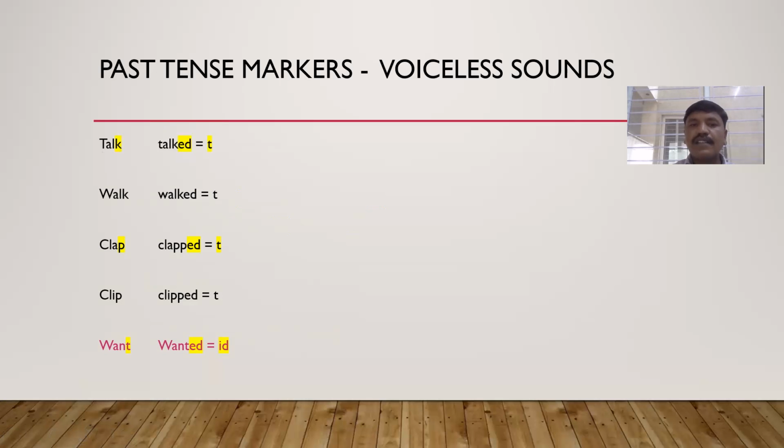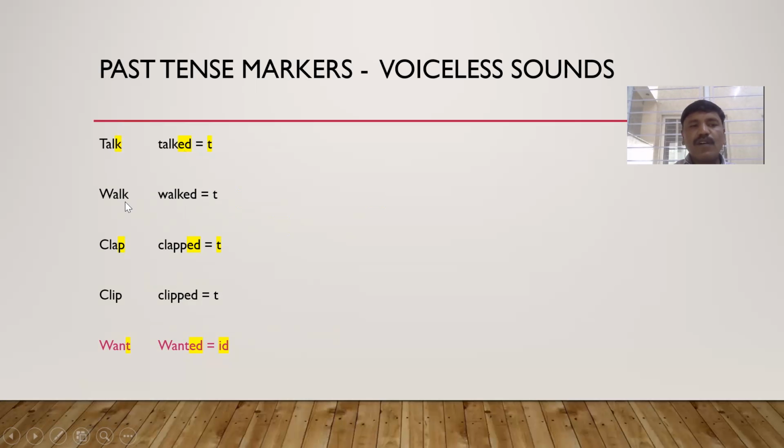We are habituated to say it differently. Even if we are not able to say it, we need to at least identify the right sound. We need to understand the right pronunciation. This ed is pronounced as t.